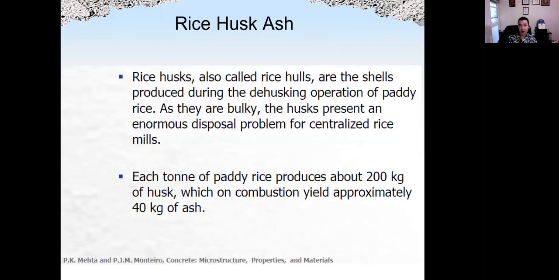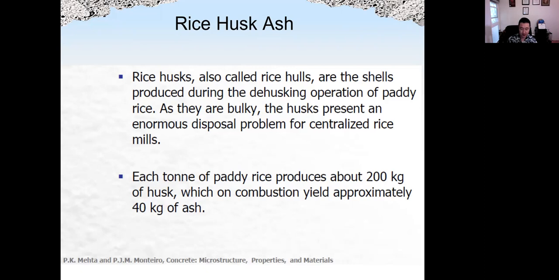We can also get pozzolan from rice husk ash. This is made by burning the rice husk, but the burning process must be well controlled, otherwise we may not get much reactive ash.